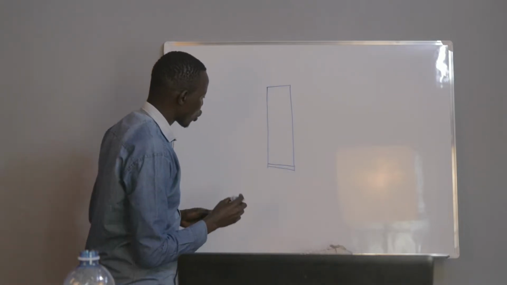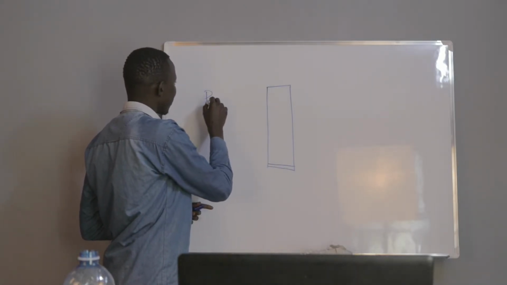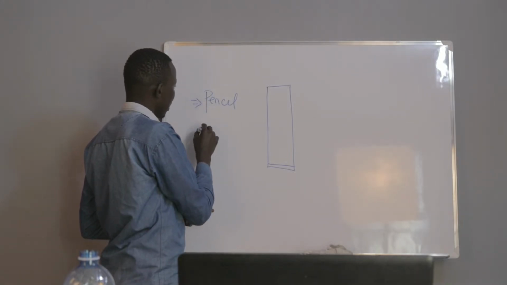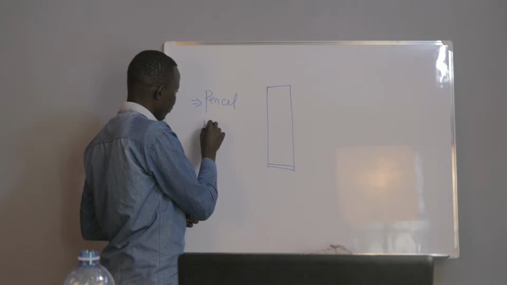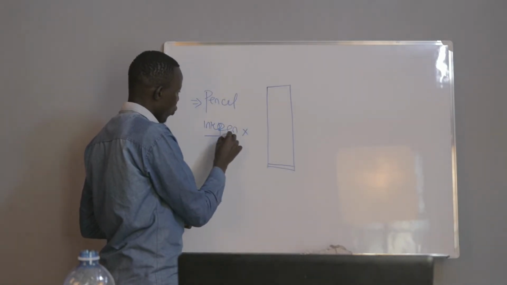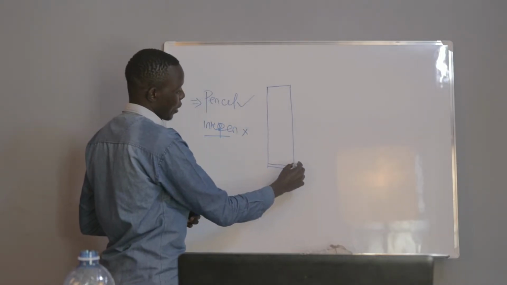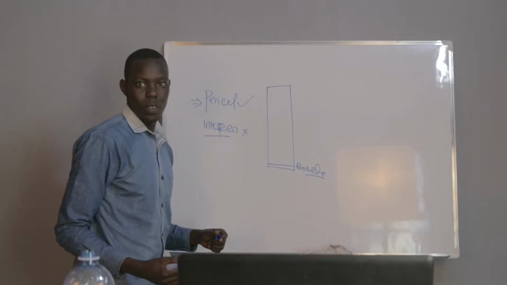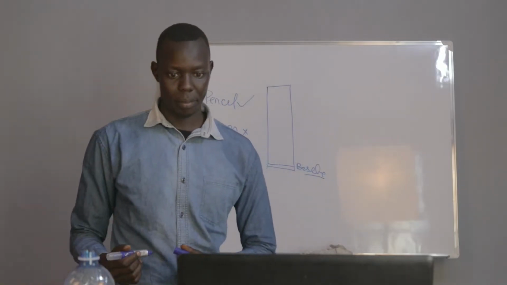And the baseline is drawn using a pencil, not an ink pen. We don't use an ink pen, we use a pencil to draw the baseline. Who can explain that?